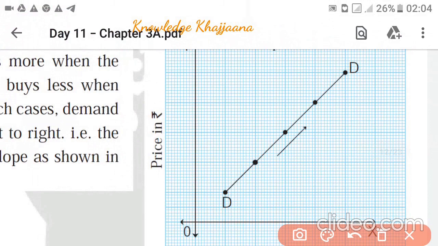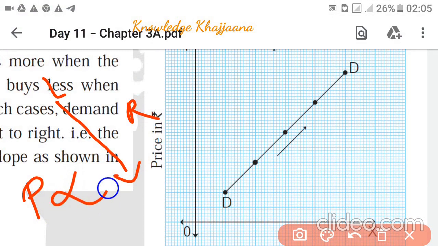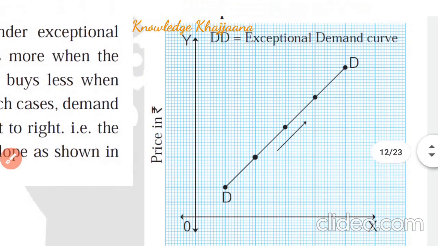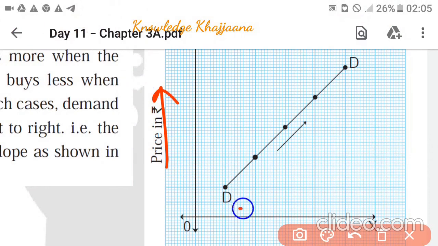As per the law of demand, according to Alfred Marshall, it is a downward sloping curve from left to right, and the price is inversely proportional to quantity demanded. But here, with the increase in the price, there is an increase in the quantity demanded. Both are in the same direction, the positive direction.